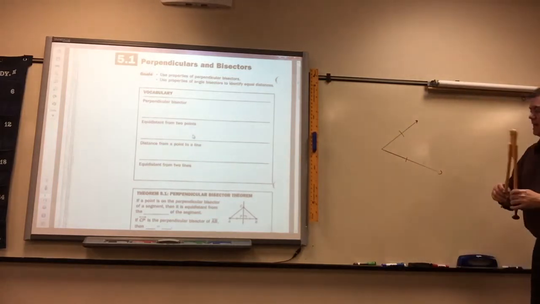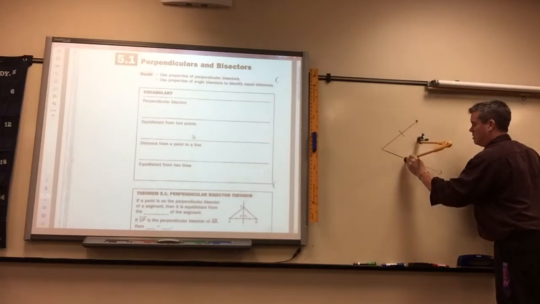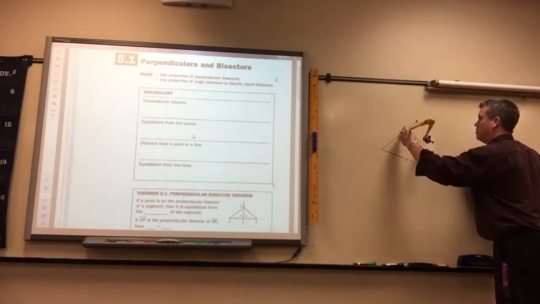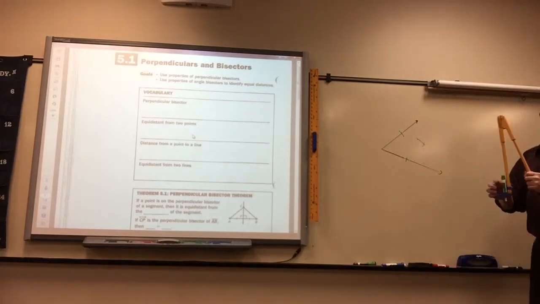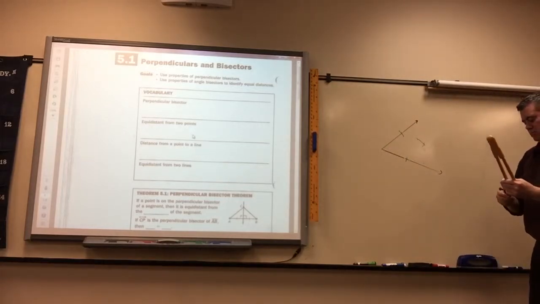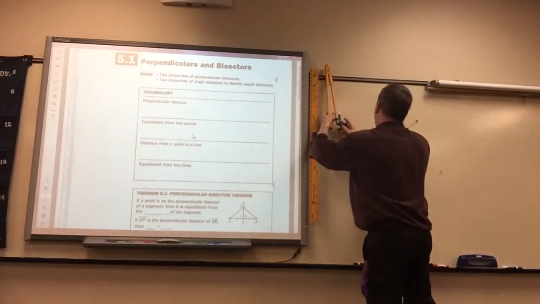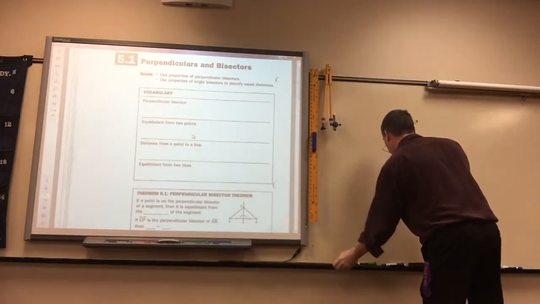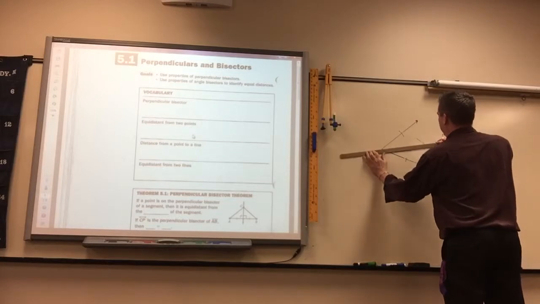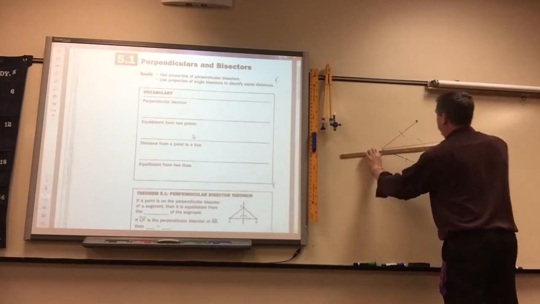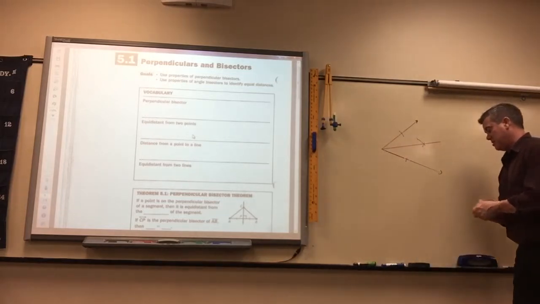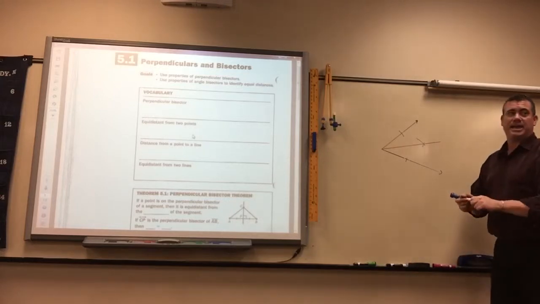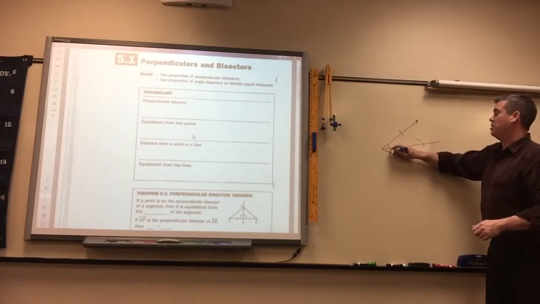And then from those two marks, you keep it the same, and you get an intersection there, and then you just got to connect that. So, since that is an angle bisector, that means it cuts the angle in half. So that means this angle would equal this angle, right?